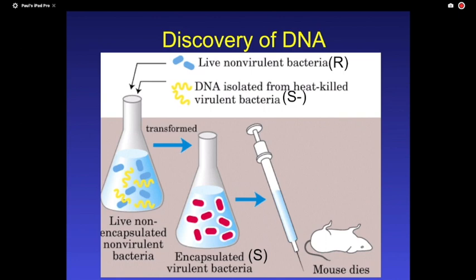Proteins didn't, and the sugars didn't. What they called this was the transforming principle. That DNA transformed a non-virulent version into a virulent one. What happened was it transferred the segment of DNA that caused the synthesis of the saccharide coat to be made.